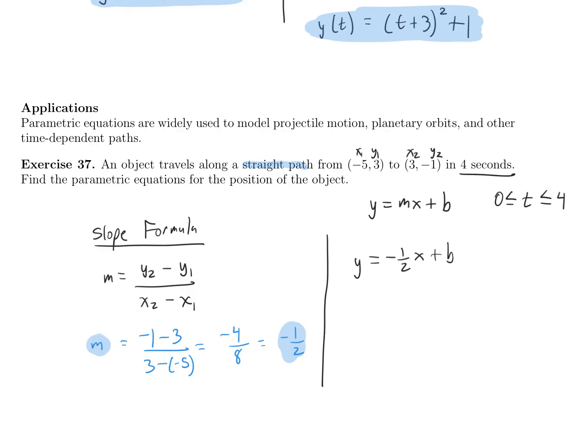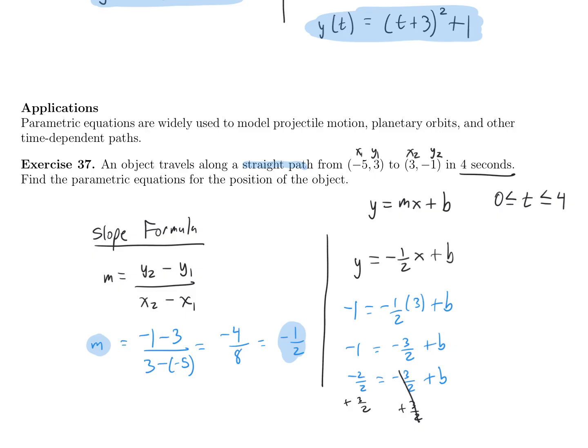So y is -1, x is 3. If you solve for b, you're going to get -1 equals -3/2 plus b. -1 is the same thing as -2/2. The reason I'm changing that is so that I can add 3/2 to both sides.